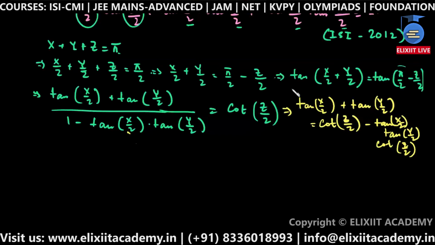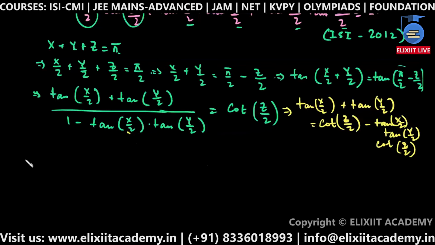Now the question is, how will you bring this into the product format? Any other simplification? You have everything in terms of tan, so break the cot into tan.